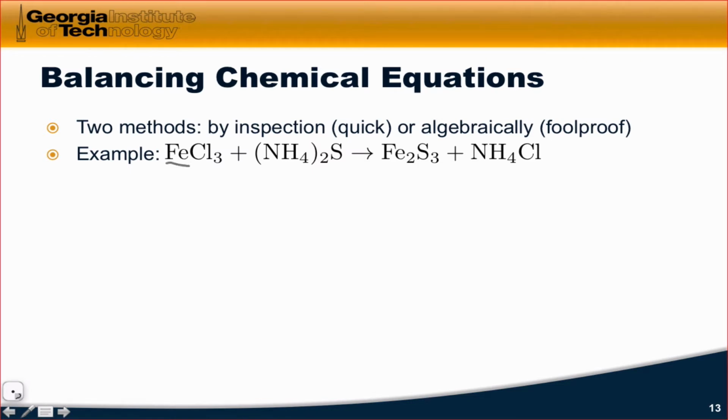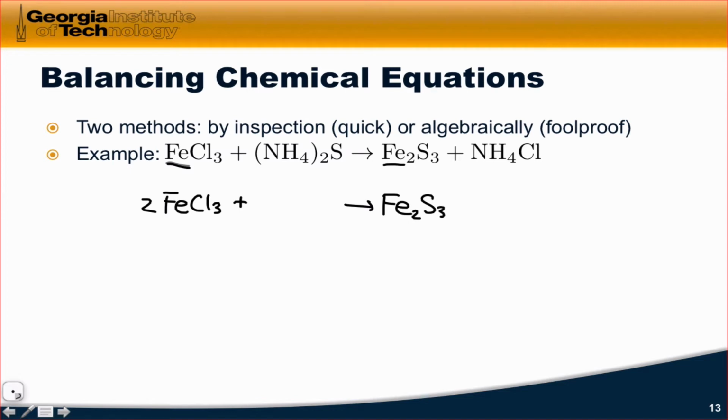Iron appears on the left-hand side only in FeCl3, and on the right-hand side only in Fe2S3. So what we can immediately write is that the ratio of those two coefficients must be 1 to 2, right? So I can write a 2 in front of FeCl3 and leave Fe2S3 as a 1 for now.